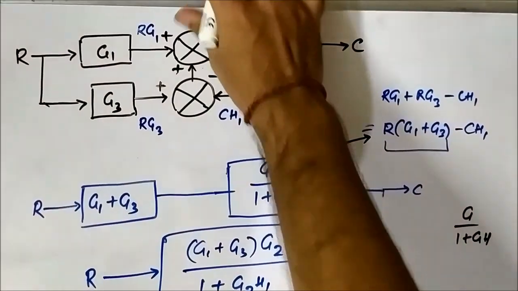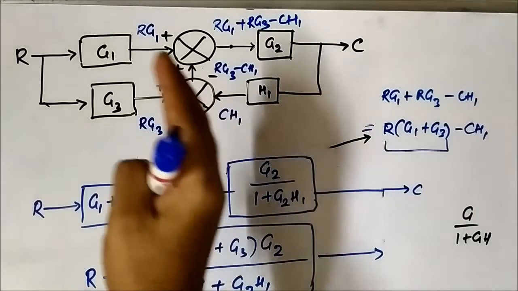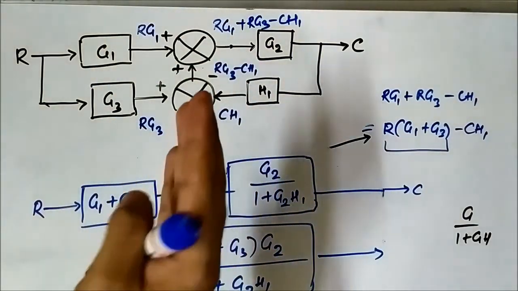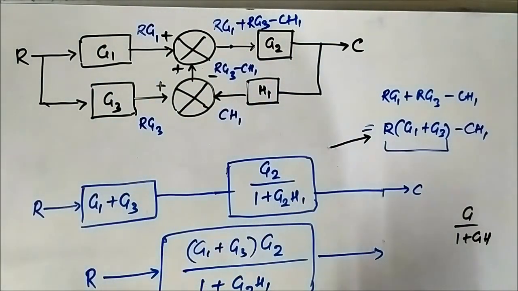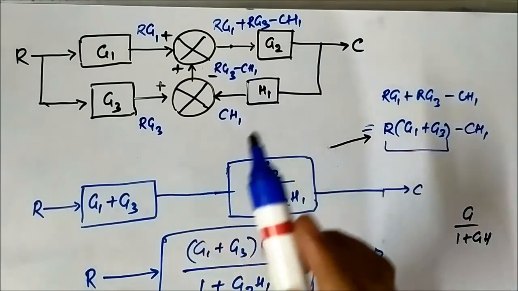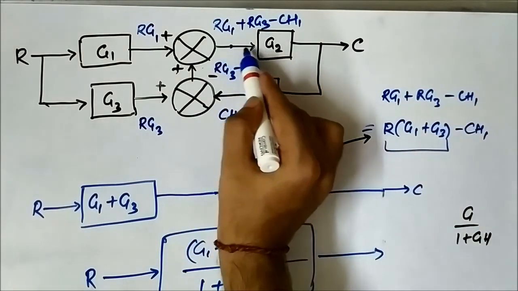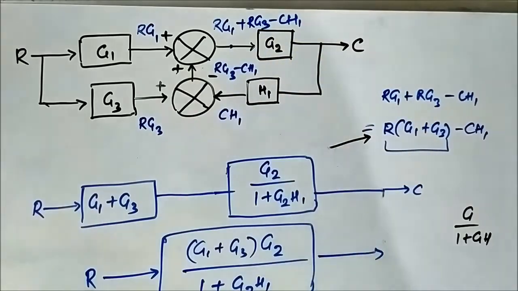So here we used a different approach. Here there was no shifting of a takeoff point ahead or behind a block, and no splitting or combining of summers. We had to draw the block diagram in a new way, rearranging or redrawing the original block diagram, taking into consideration the signal values, the input to this G2 block.